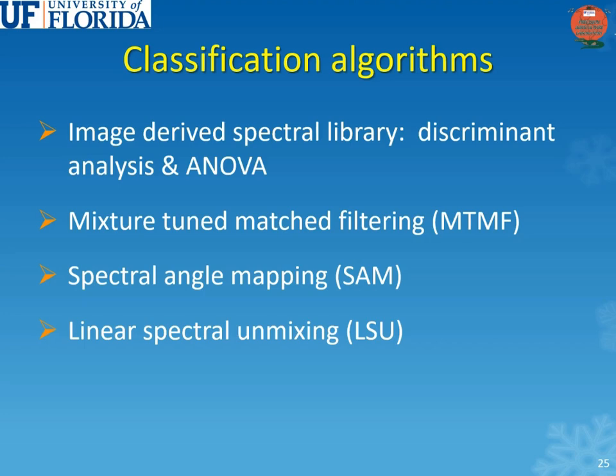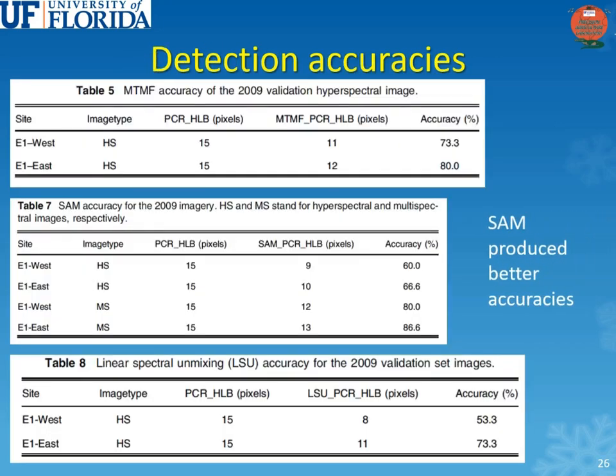This table shows the detection accuracy. It ranges from as low as 53% to as high as about 86%, depending on the method and also the data set. But here we found that spectral angle mapping produced better accuracies among all of these.